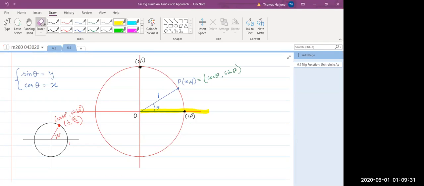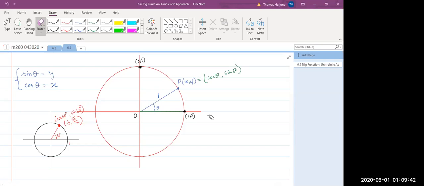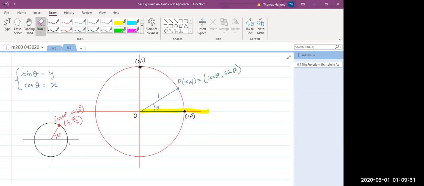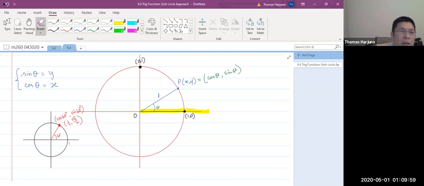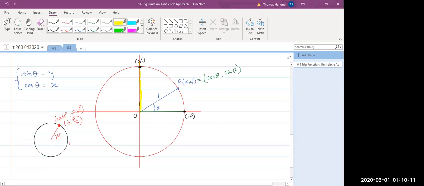Okay. Maybe I change the question then. What is the angle associated to this terminal side? 90 degrees. That's 90 degrees. That's right.